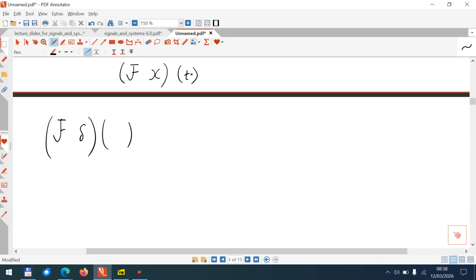You can't write t there, because this transform will be evaluated at omega, right? So never do this, it will be wrong. If you write it in this way, this will be acceptable only in one case. Can you guess when?